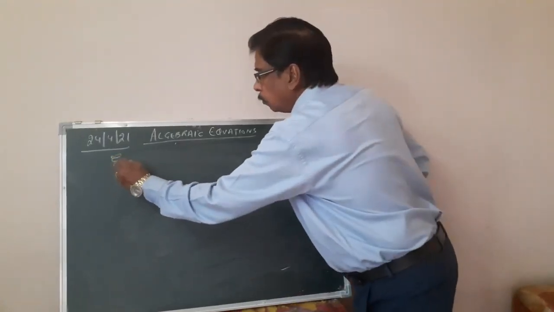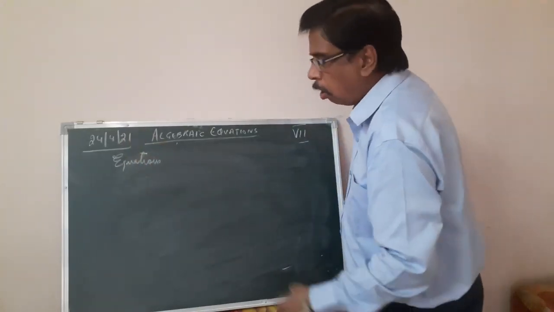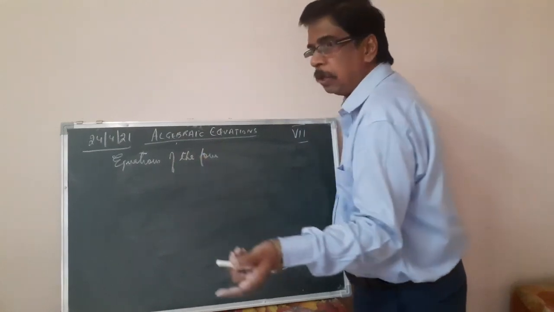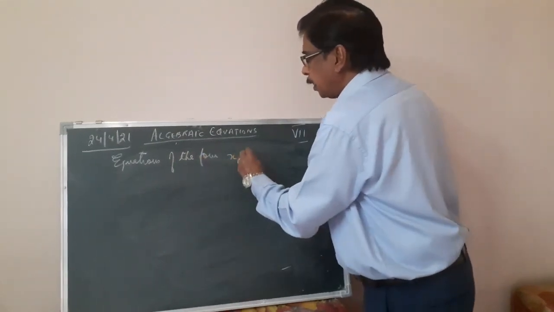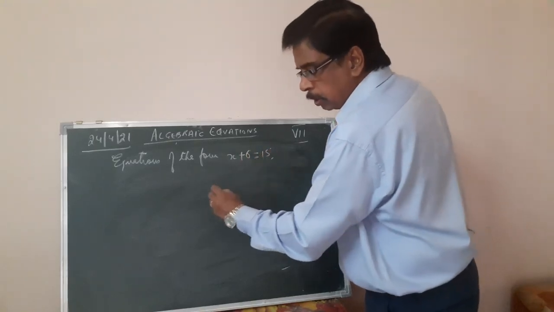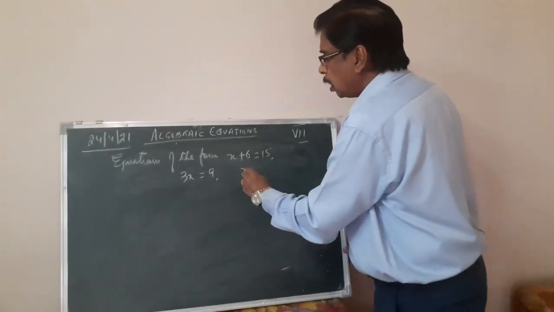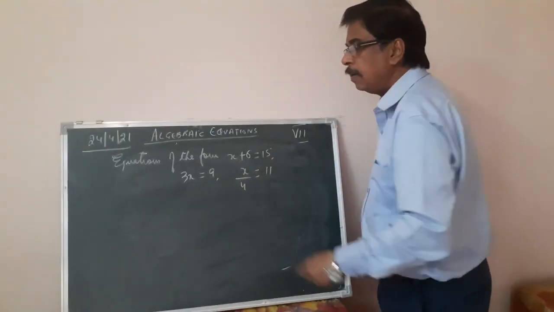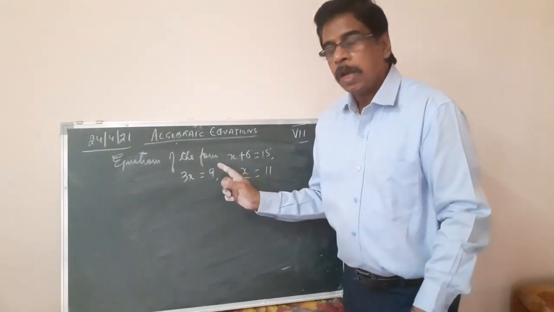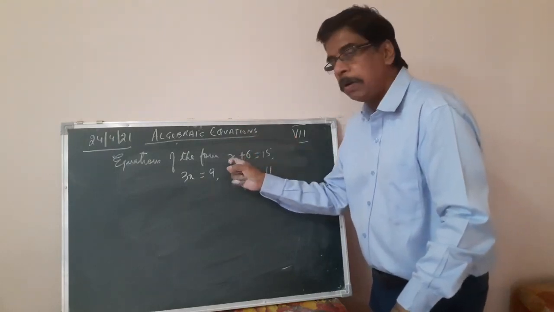Equations of the form I just showed you, x plus 6 is equal to 15, or you can say 3x is equal to 9, or x upon 4 is equal to 11. These are all algebraic equations having a left hand side and a right hand side with a variable.